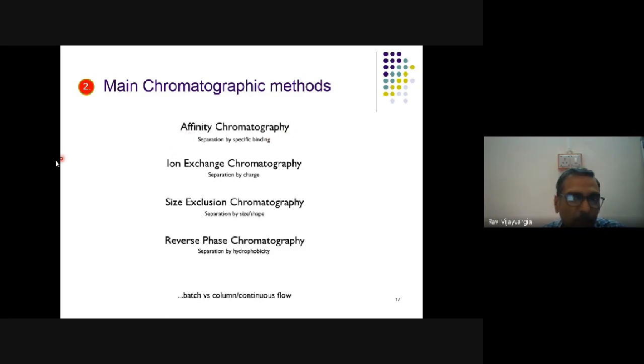If your protein has a high positive or negative charge, you can utilize ion exchange chromatography. If your protein is either too big or too small, you can separate based on size. Also, if your protein is a membrane protein which has high hydrophobicity, then based on that you can use reverse phase chromatography. So based on the properties, you can select one of the techniques.